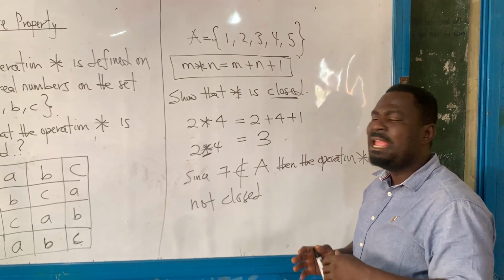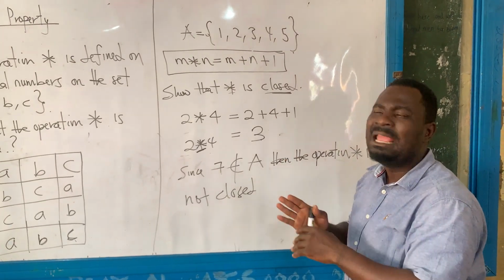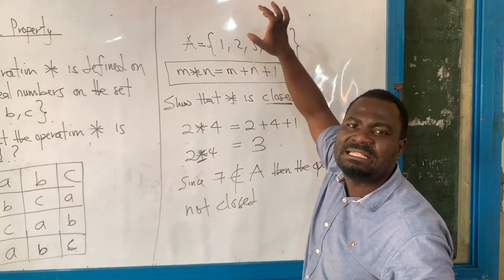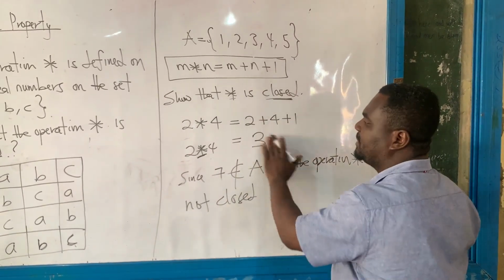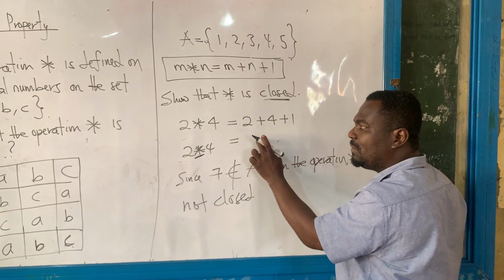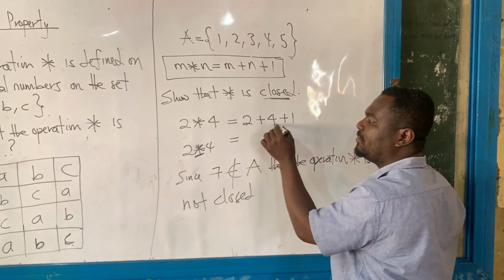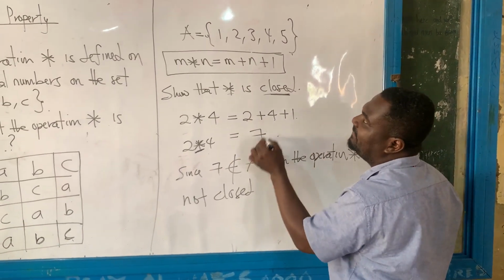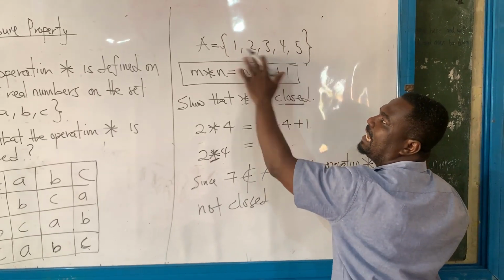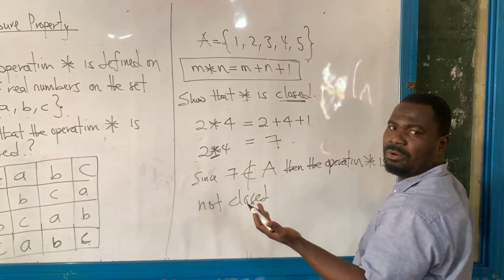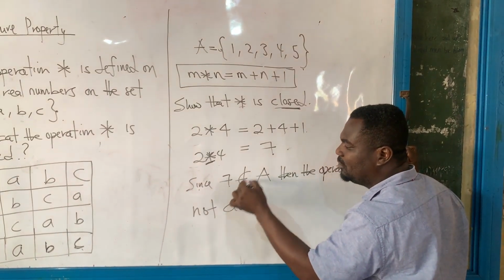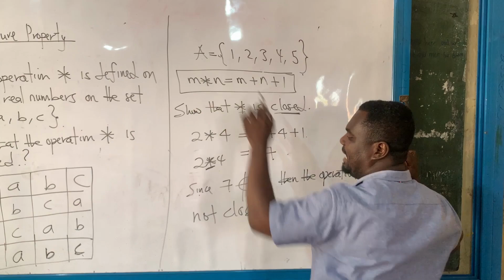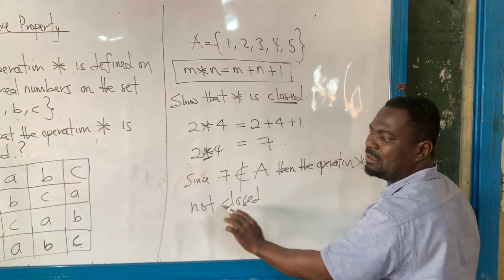On the other hand, if the answer is a member of the given set, then we can say that the operation is closed. But in our case, 2 plus 4 plus 1 is 7. Is 7 a member of set A? Can we see 7 here? No.